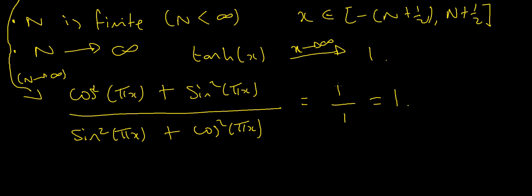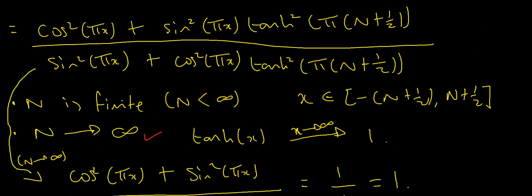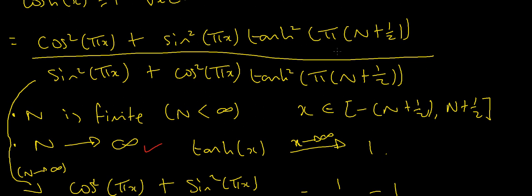What about when n is finite? So that takes care of the case where n goes to infinity. Well, what about in the case where n is finite? What can I do? Well, when n is finite and x varies in between this interval, then certainly the numerator is bounded, right? Because tanh squared is a bounded function. It's going to be strictly between 0 and 1.